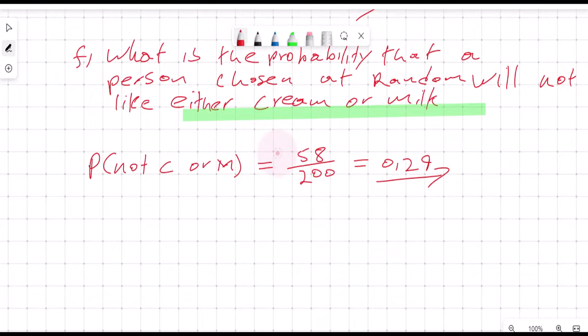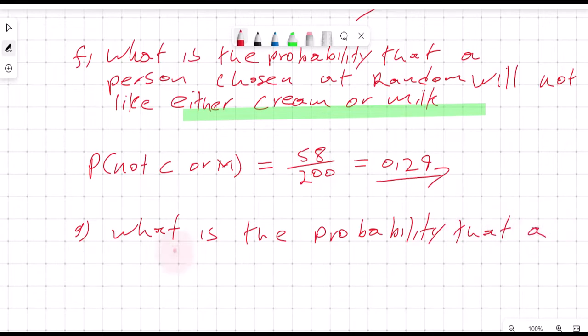Number G. What is the probability that a person chosen at random will not like cream?